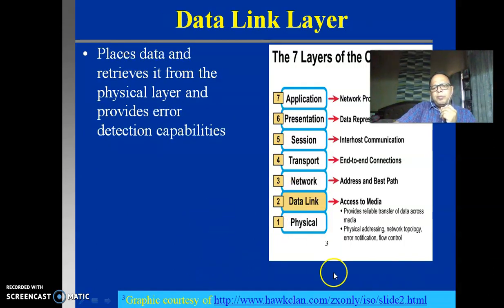The next layer is the data link layer. This data link layer places data on and retrieves it from the physical layer and provides error detection capabilities. This layer gives access to the media, right? And it provides reliable transfer of data across that media. That is the main function of the data link layer.